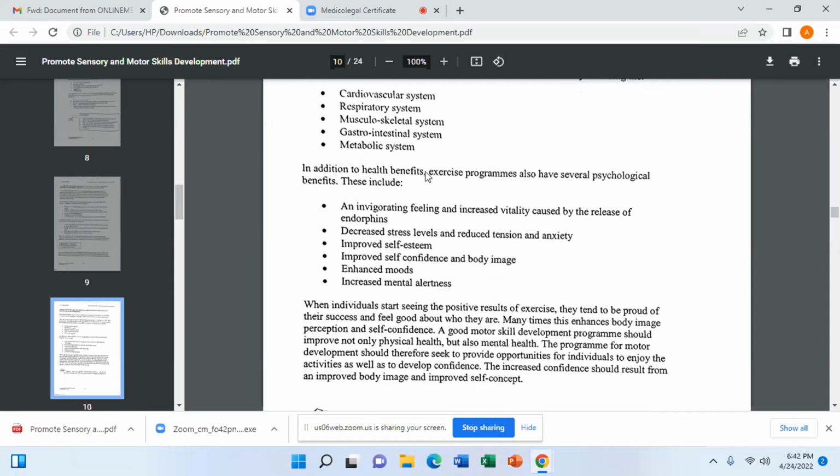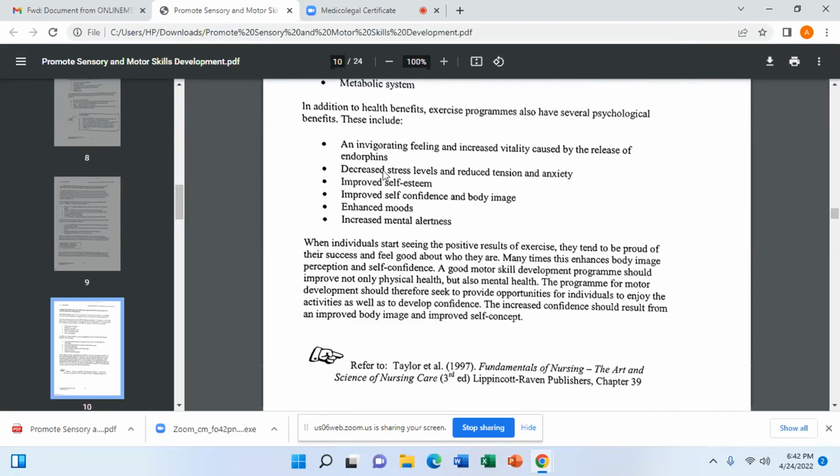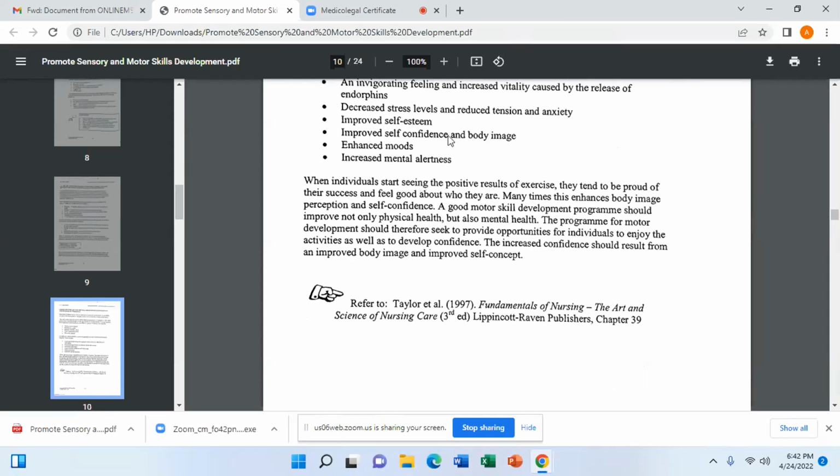And it says, in addition to health benefits, exercise activities also have psychological benefits. So, an invigorating feeling and increase in vitality, and that's because of hormones. And it said, decreasing stress level, improving self-esteem, self-confidence and body image, and enhancing your mood and mental awareness, right?